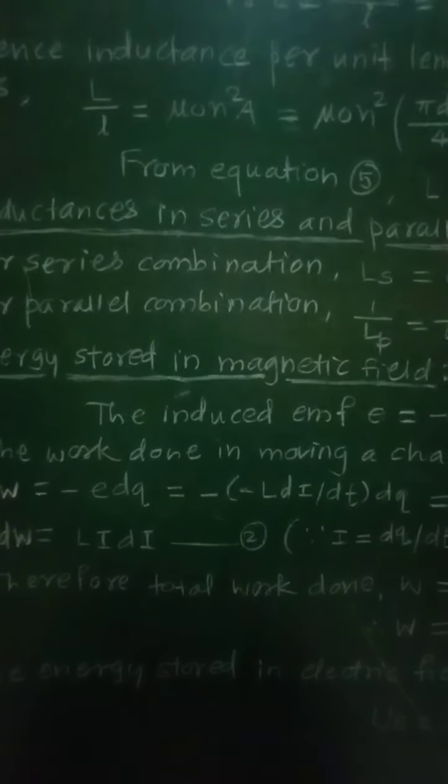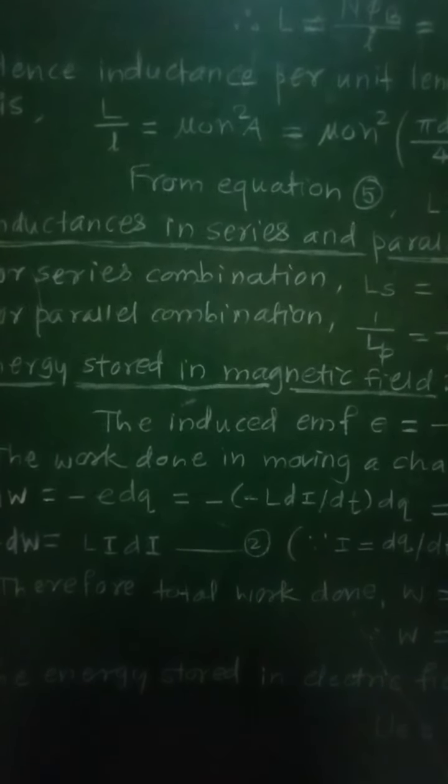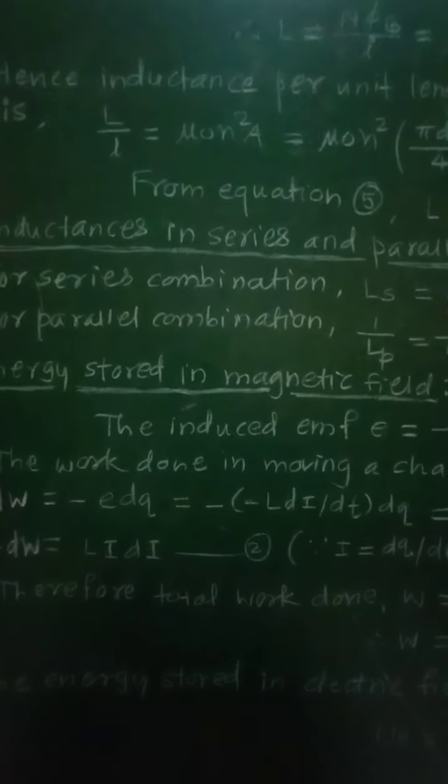That is, the reduction in the magnetic flux will be overcome by spending some energy to build up the magnetic field. This energy may be recovered as heat energy in the resistance of the circuit, and hence energy is being stored in the magnetic field.